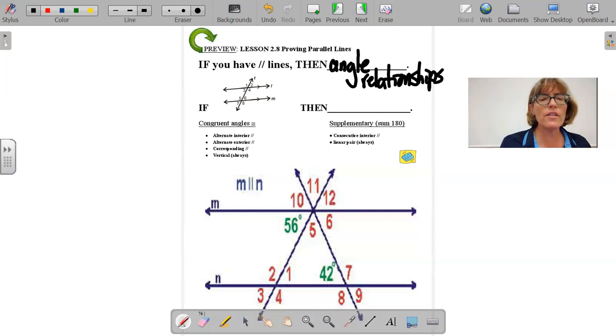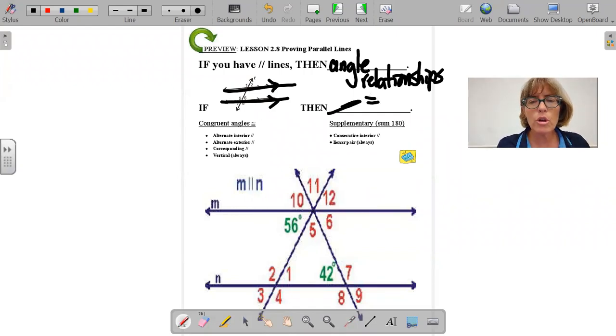Another way to look at it is if lines are parallel, you're going to have a bunch of things either congruent or supplementary.